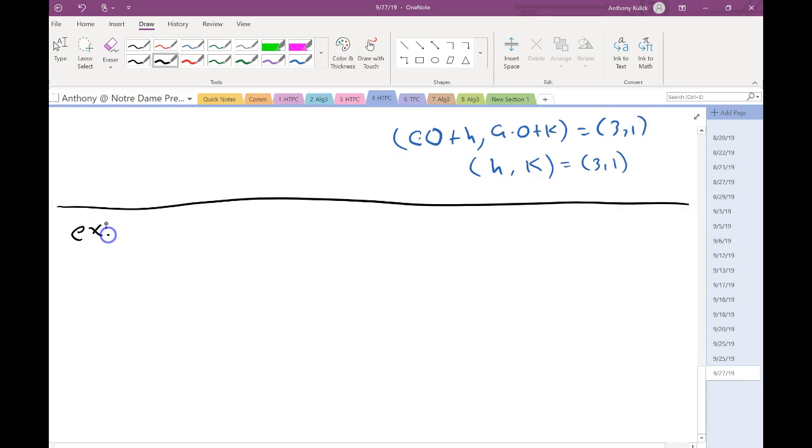Let's do another example that's a little bit more complicated. Got a little bit more going on.